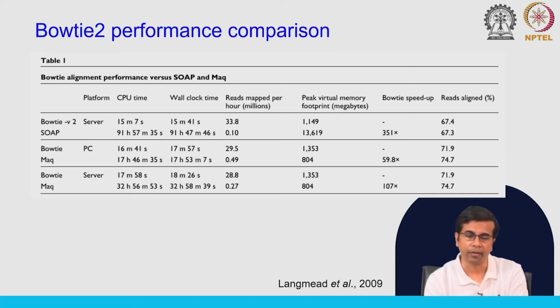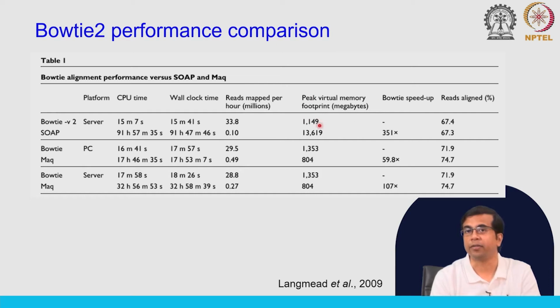It took about 15 minutes to map those reads, whereas SOAP actually took 91 hours. So, you can see the difference, and you can also see this column here, reads mapped per hour in millions. Bowtie2 could map 33.8 million reads per hour, whereas SOAP mapped only 0.1 million reads per hour. So, there is a substantial difference in the speed.